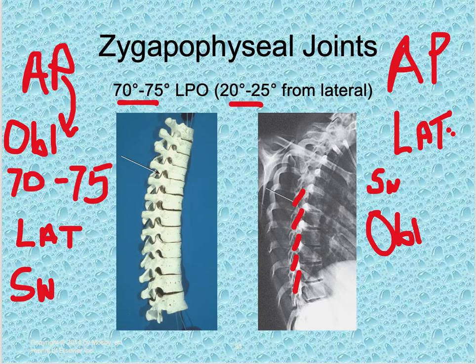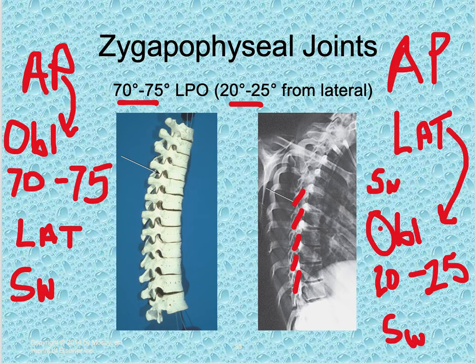So from lateral to oblique, that's when I'm going to turn my patient 20 to 25 degrees, okay? And if I go AP, lateral, oblique, then I could do a swimmers. So I can do my swimmers at any time. Lateral, swimmers, then oblique, 20 to 25. Or I can do AP, lateral, oblique, 20 to 25, and then do a swimmers.